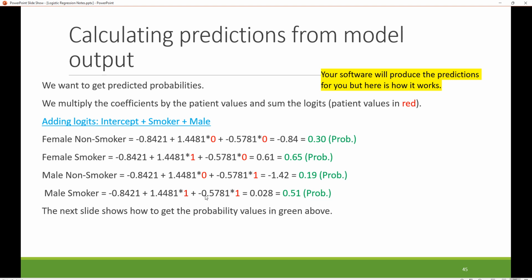Then we add it to negative 0.5781 times 1, and that 1 is because this patient is a male. And then we sum that together, we get a logit value of 0.028, and then we can convert that into a probability of 0.51. And the next slide will show us how to get the probability values in green above.